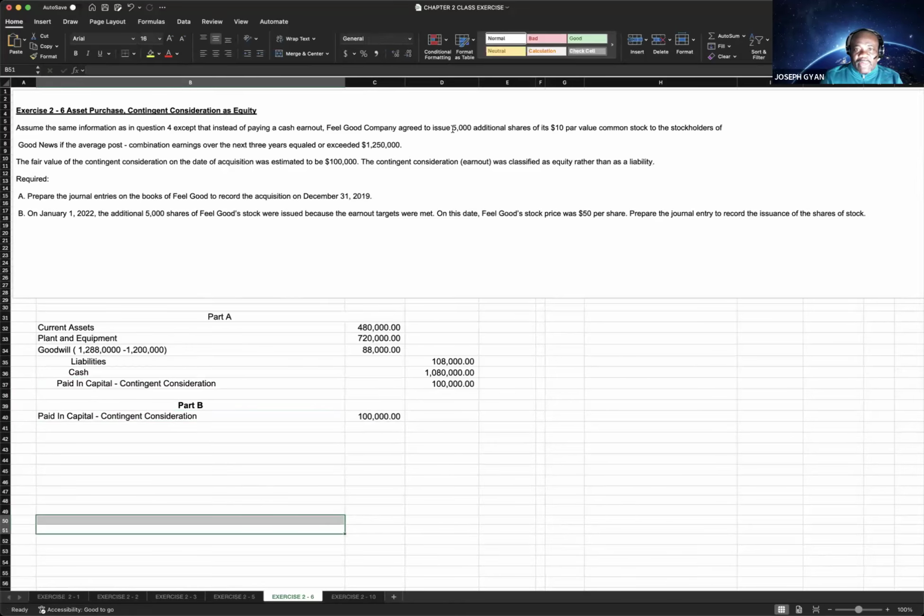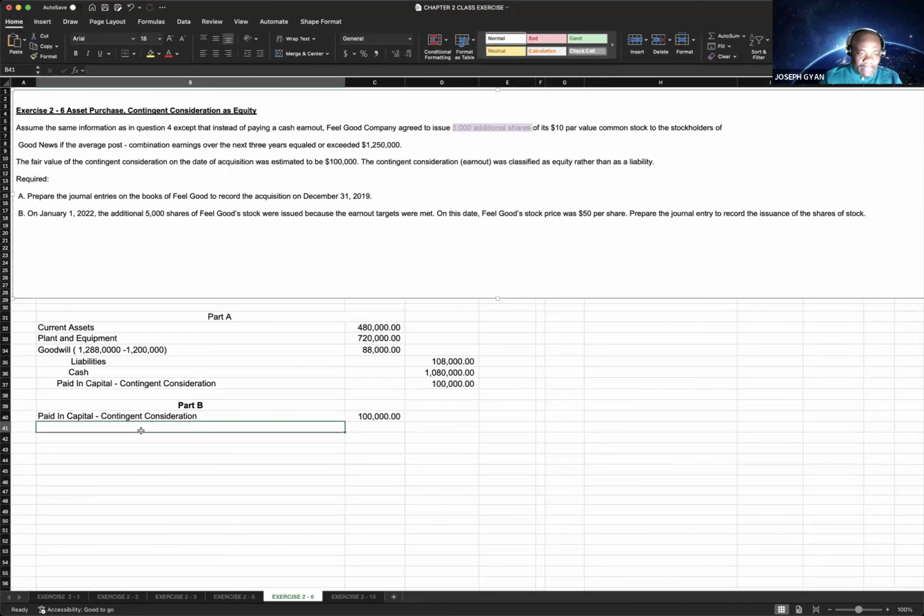And for the promise that we are going to give them 5,000 common shares, we are going to credit the common stock here, which is equal to 5,000 times $10 par value here, which is equal to 50,000.